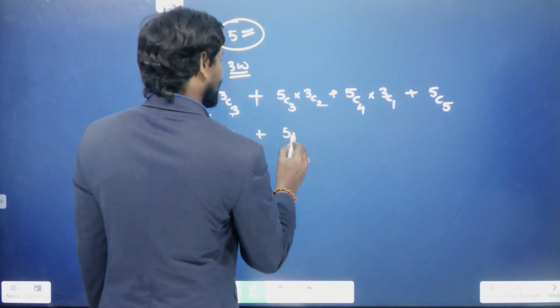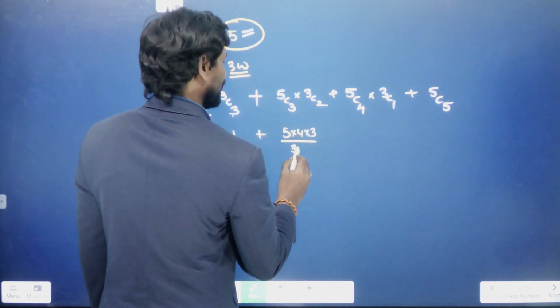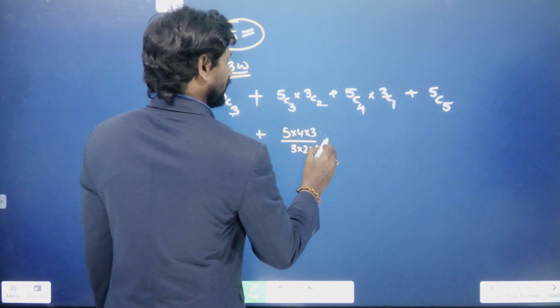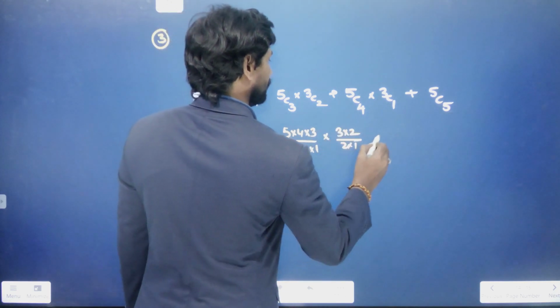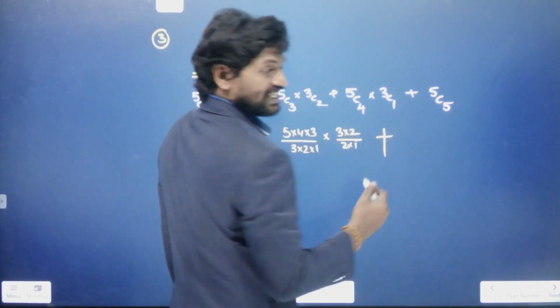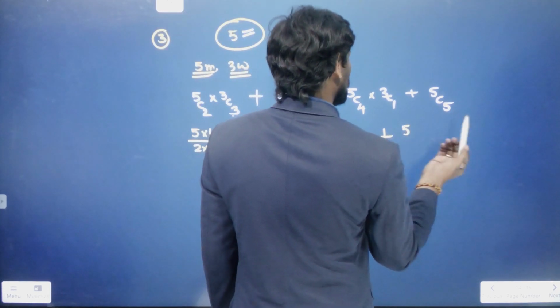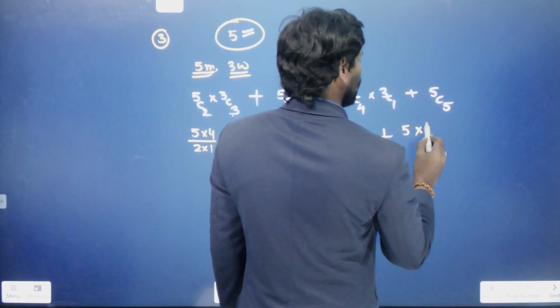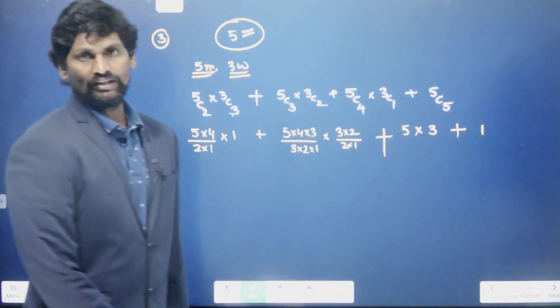So we can write 5 into 4 into 3 by 3 into 2 into 1, and 3C2 value 3 into 2 by 2 into 1. Plus the third term, nCr and nC(n minus r) are both the same, so we can write it as 5C1, nothing but 5. So 3C1 value is 3, 5C5 value is 1.